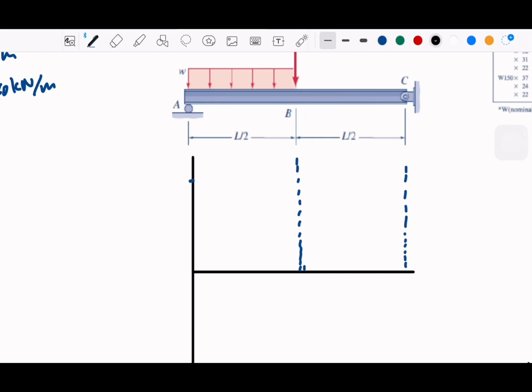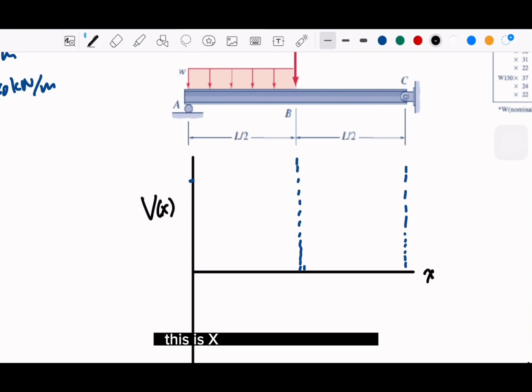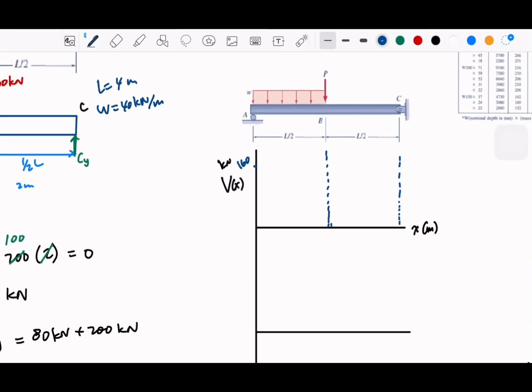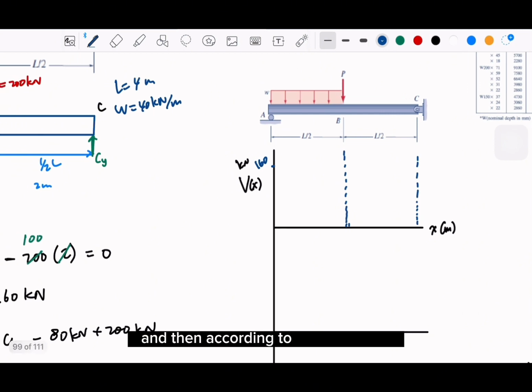So this is V. This is X in meter. This is in kilonewton. So this is 160. And then according to what we have, it's supposed to be going down, right?